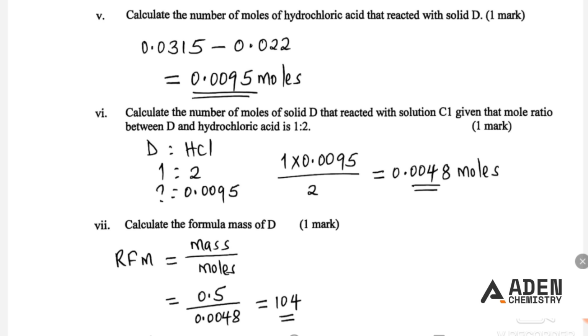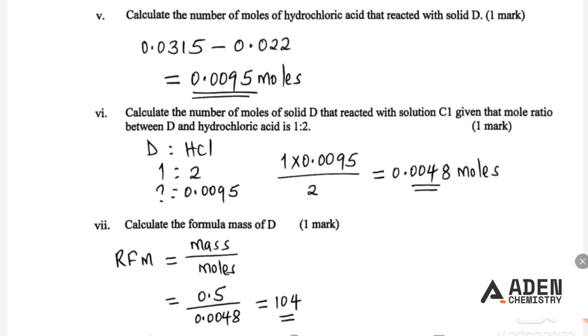That is the number of moles of the hydrochloric acid that reacted with the sodium hydroxide. That is 0.022 moles. What we are going to get there will be 0.0095 moles.